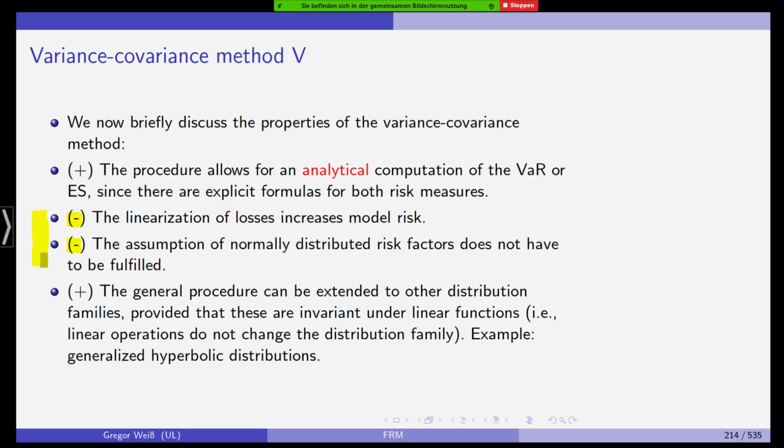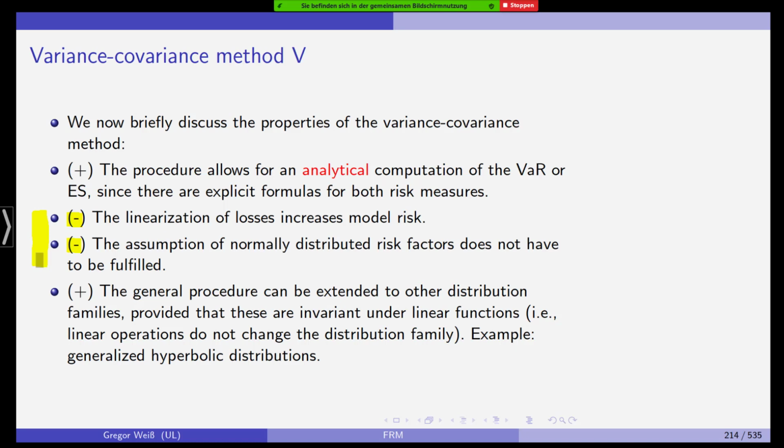This makes the use of the model quite limited. Actually, it is used a lot in practice and in the industry, and people need to realize, and they did after the great financial crisis, I hope they still remember that, that linearization and the assumption of normally distributed risk factors are quite restrictive assumptions on your loss distributions.